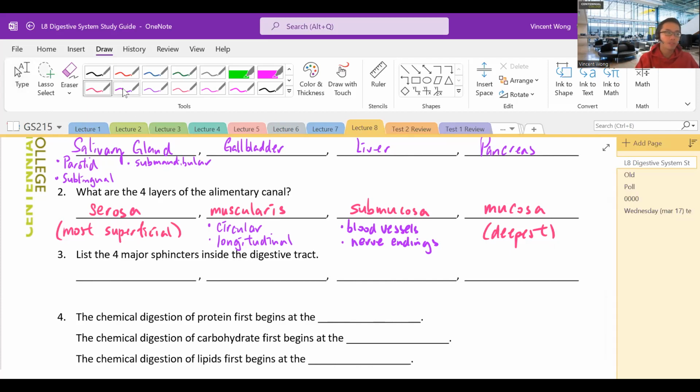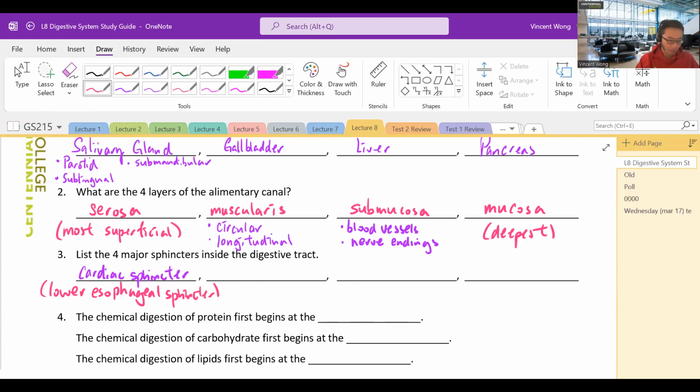So there are 4 major sphincters. The first one, between the esophagus and the stomach, is the cardiac sphincter. In the notes, I believe this is also called the lower esophageal sphincter.